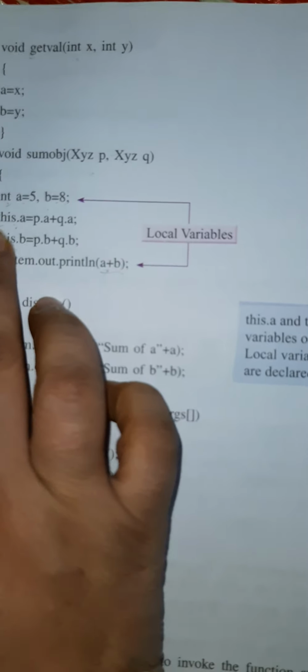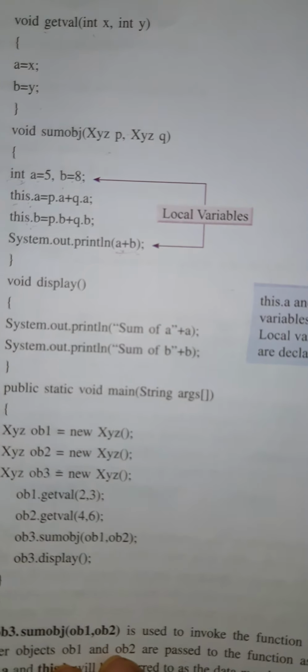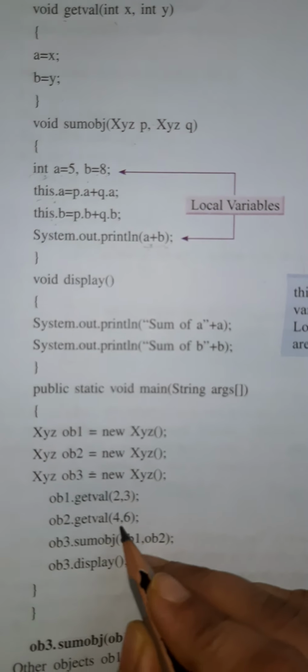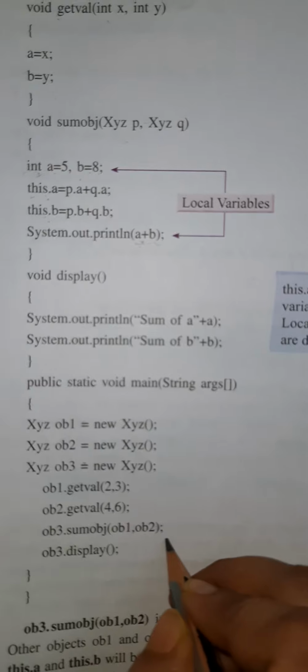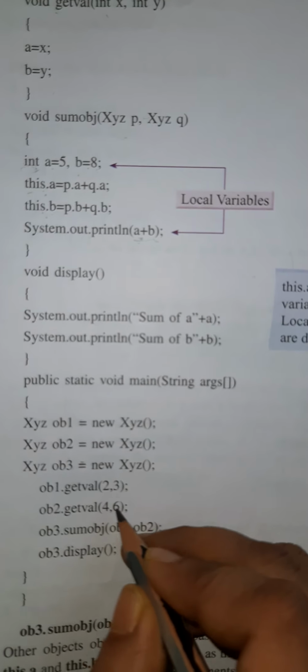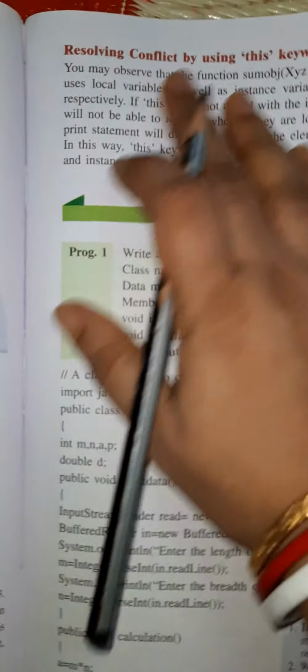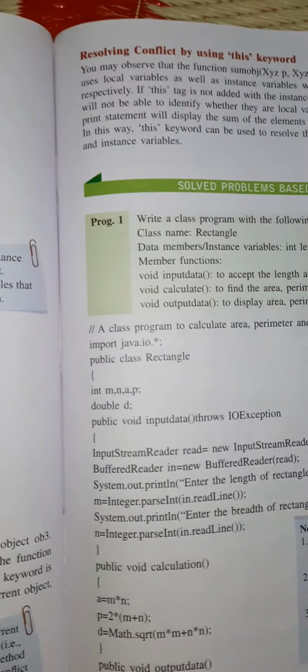But when we use this with a and b, the system became clear that int a equals 5 and b equals 8 are the local variables, whereas this.a and this.b are the instance variables which are declared after the class. So this a and b should have the values passed through object 1 and object 2, that is 2, 4 and 3, 6. So this is the use of the this keyword.